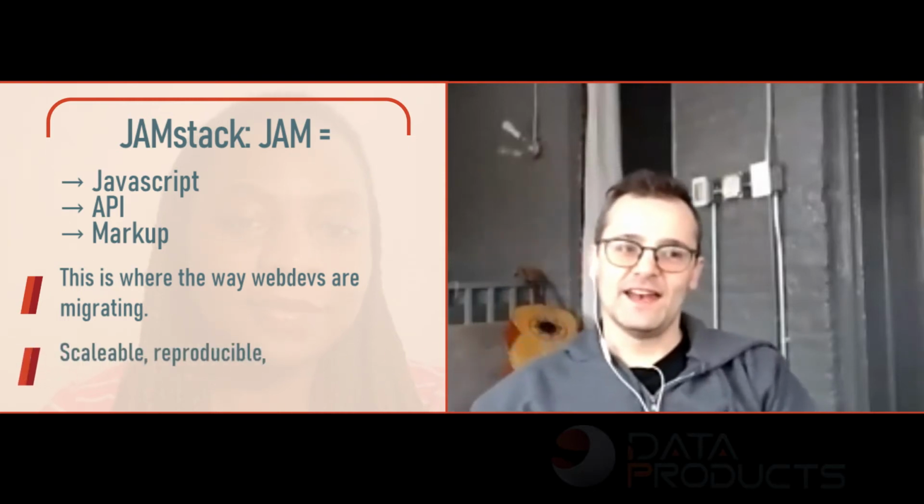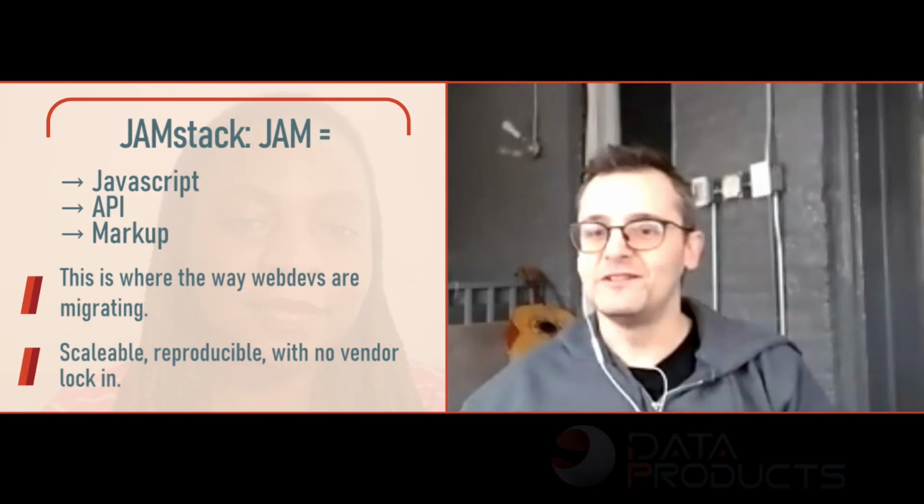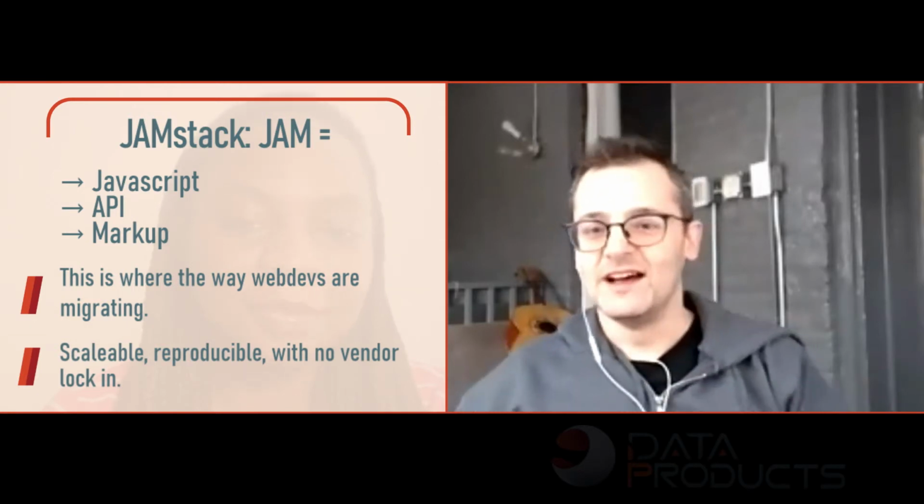It stands for JavaScript, APIs, and markup. It seems to be the way web devs are migrating, and there are some good benefits to the Jamstack that I could go into if you'd like. It makes it more scalable, makes it reproducible.